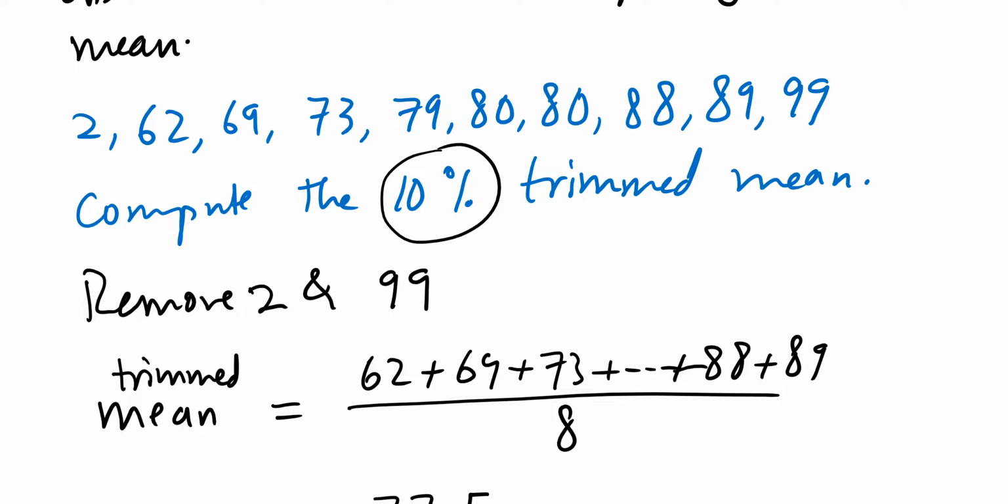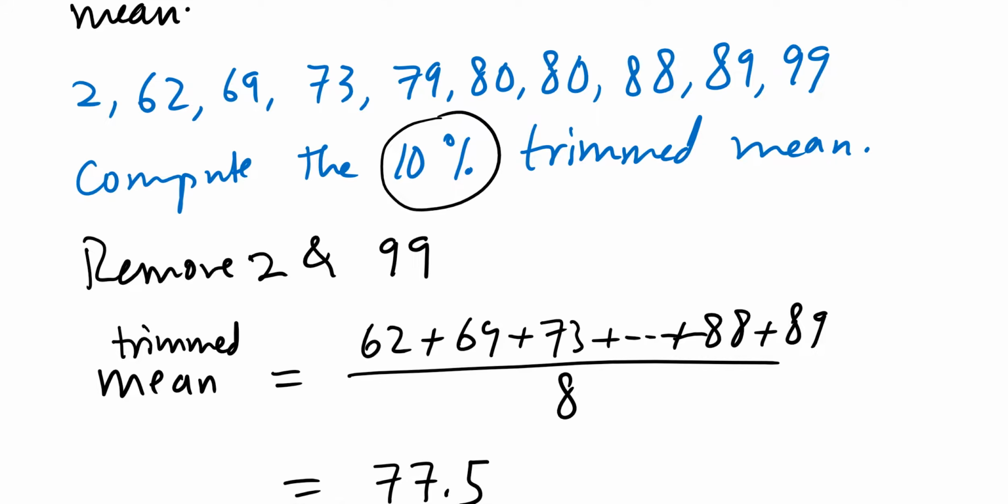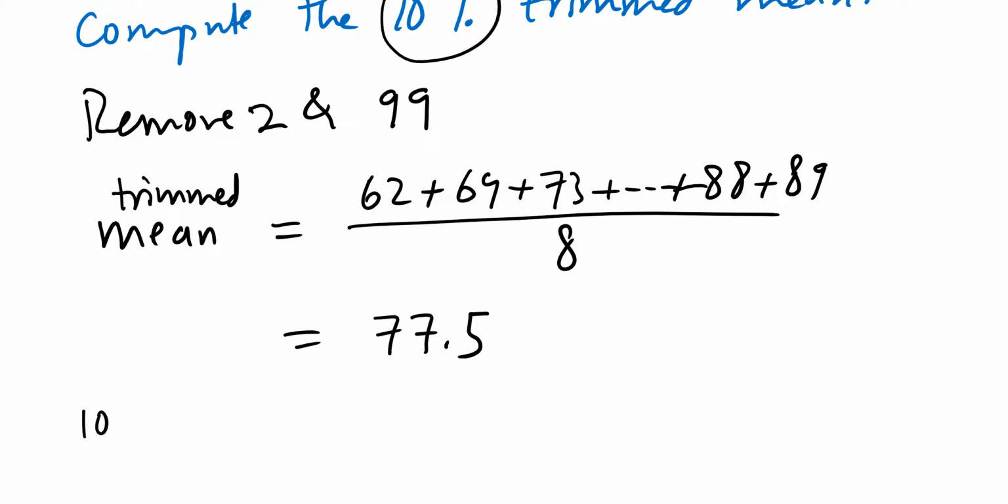Well, we have a total of 10. 10% of 10 is 1. So let me write it as a note here. 10% of 10 values is 1. So this means you have to remove the first one and the last one.